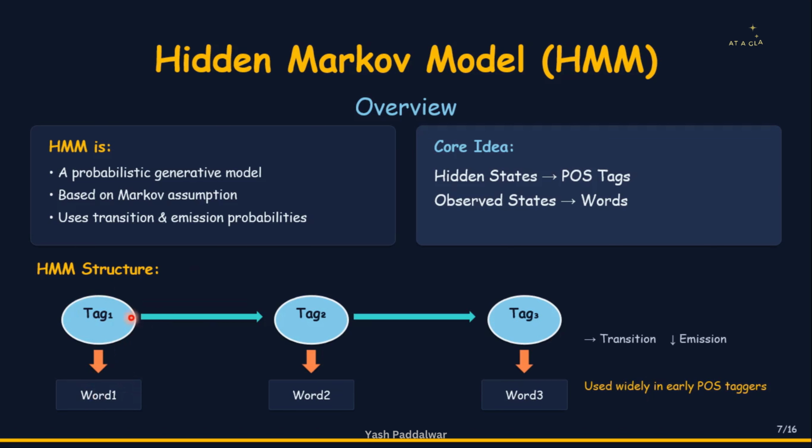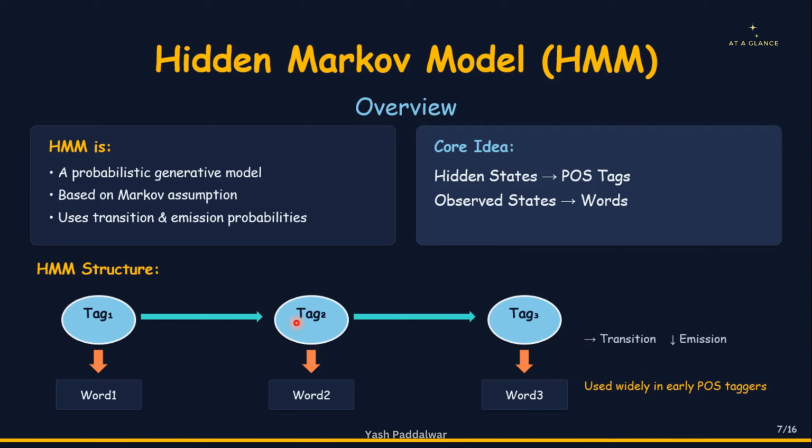Next, tag 2, the word for it, tag 3, the word for it, and you can see that tag 1, tag 2, and tag 3 are in sequence. So the tags are the hidden states, and these words which you can see in the rectangular boxes are nothing but the observed states.